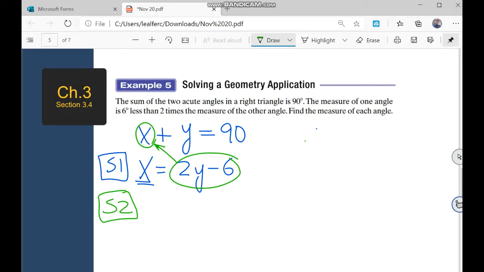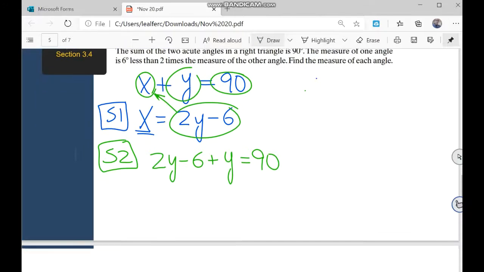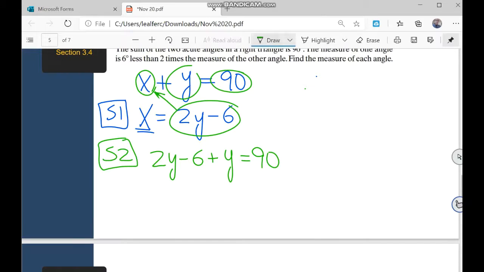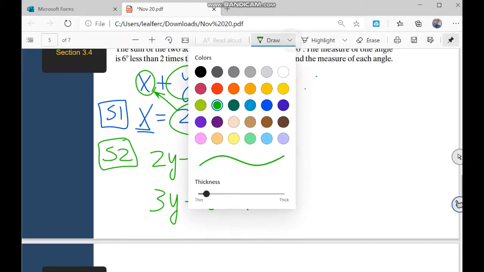Instead of x, I will write 2y minus 6. And now we have another y, plus y, equals 90. To complete step number 2, we will combine like terms. You have 2y plus y, 3y, minus 6 equals 90. And then we can move to step number 3.